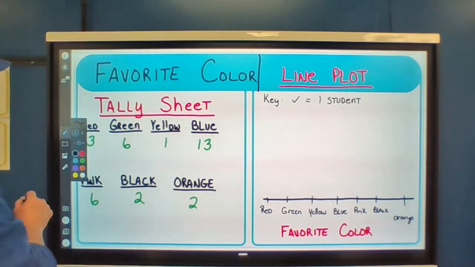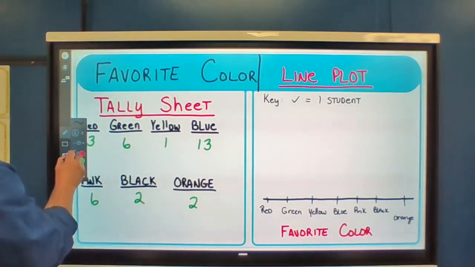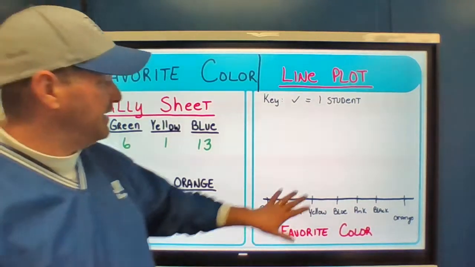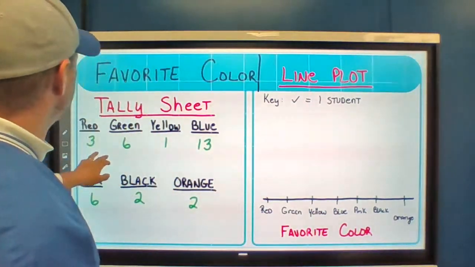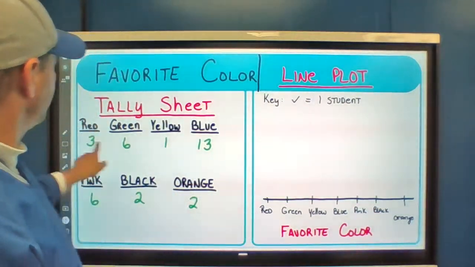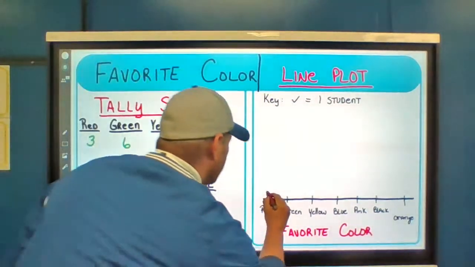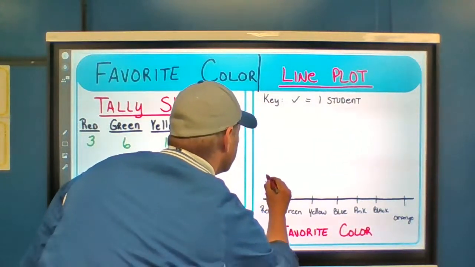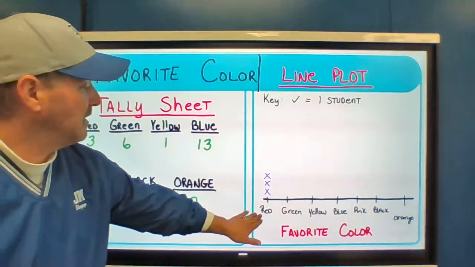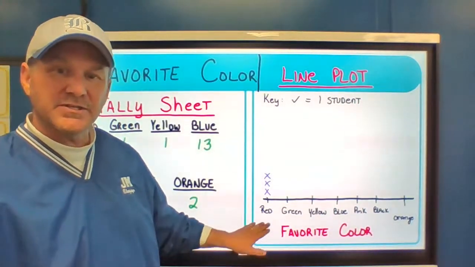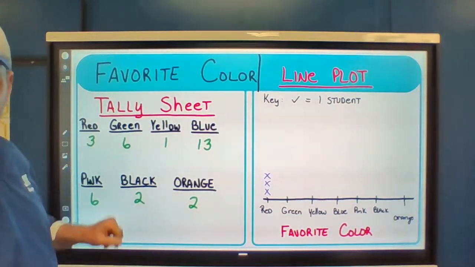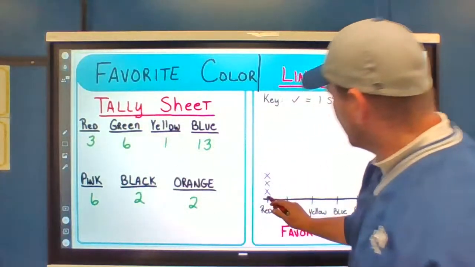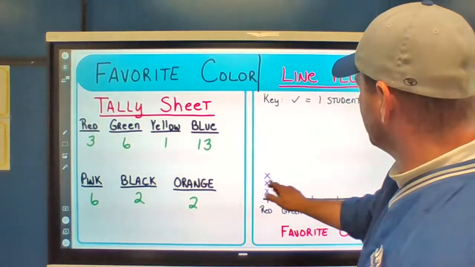Now let's represent our data in our line plot. Remember, every X is 1 student. At red, there were 3 students: 1, 2, 3. So 3 students said that red was their favorite color. Those of you that picked green, there were 6 of you. Remember, I'm keeping it straight and keeping them the same.